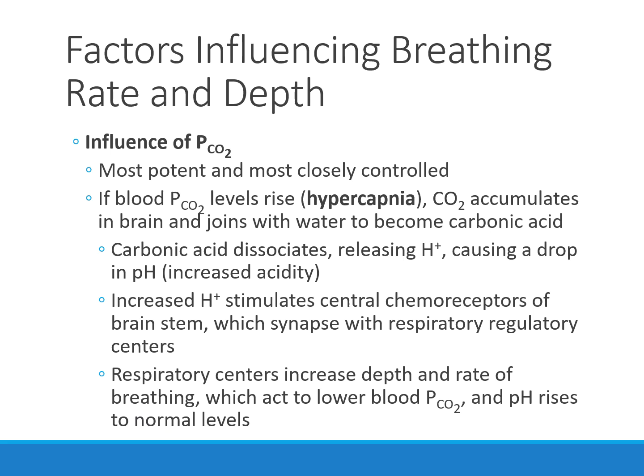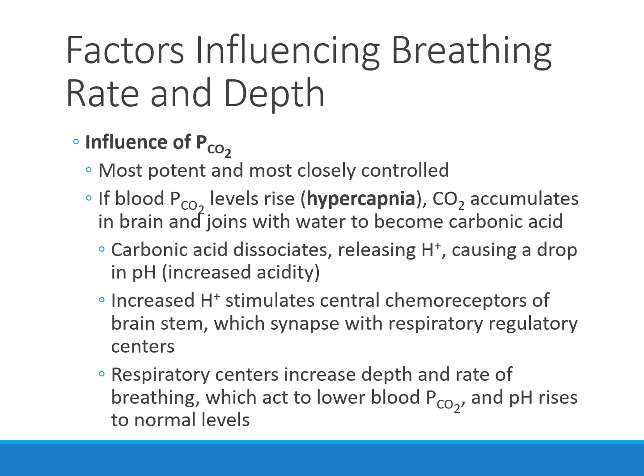This is the most important, most potent, and the most closely controlled. Carbon dioxide is really, really important. If you have too much carbon dioxide in your blood, which is called hypercapnia, it accumulates in the brain and joins with water to become carbonic acid. Carbonic acid dissociates and releases hydrogen ion, which causes a drop in the pH, which means that you increase the acidity of the blood.